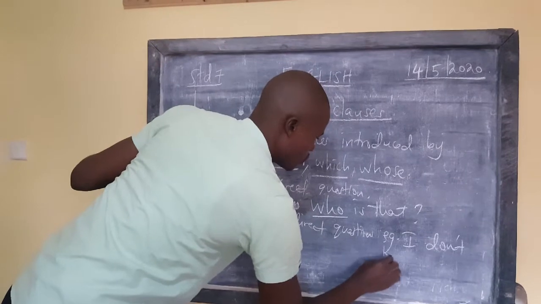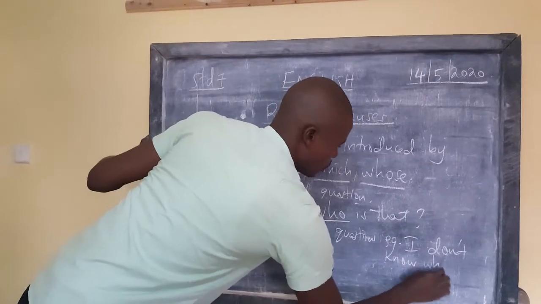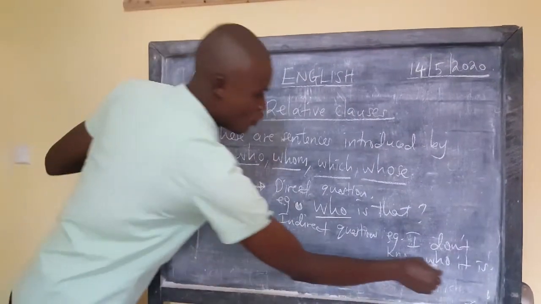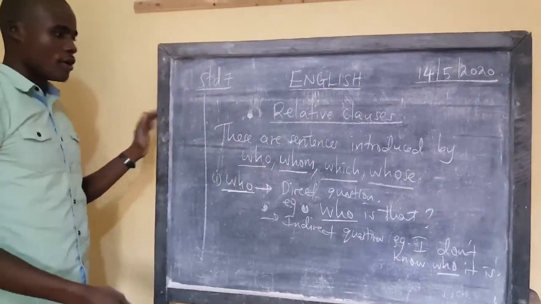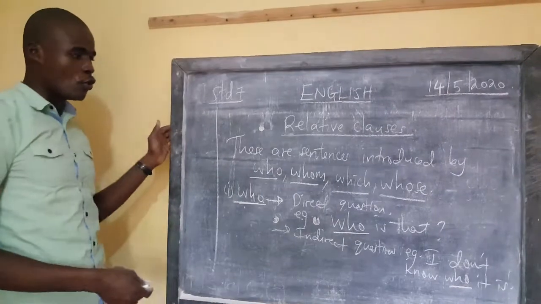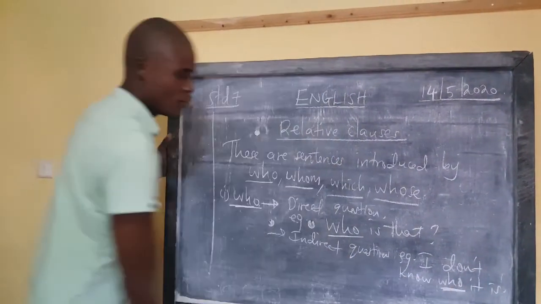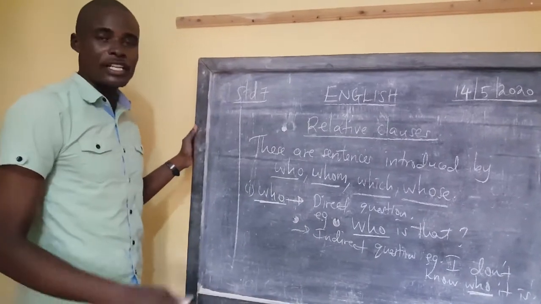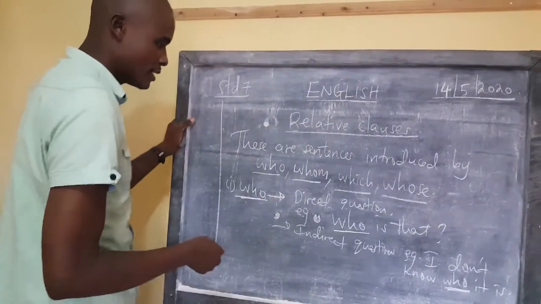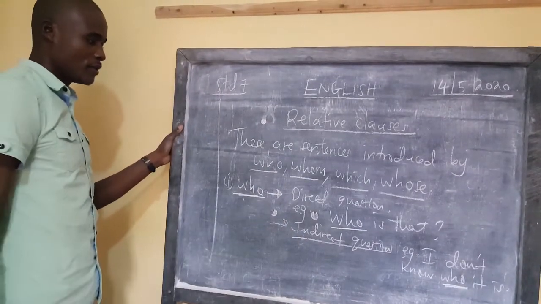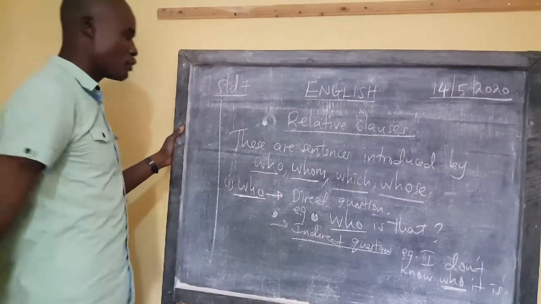We are using who there maybe to answer the question that somebody asks you: who is that? I don't know who it is. You are allowed to answer that. So it has been used there as an indirect question.